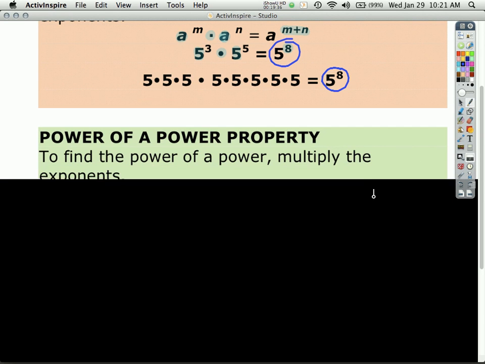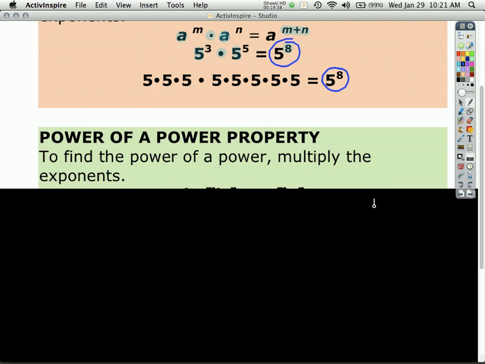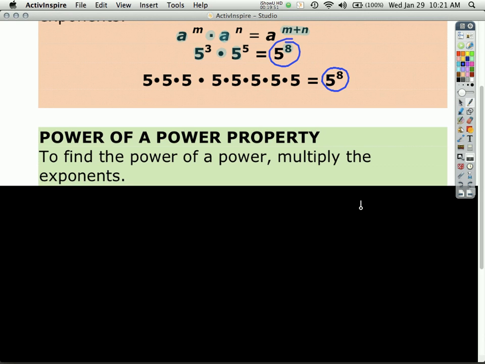Power of a power. My favorite property of all time. When you have a power brought to another power, what can you do?